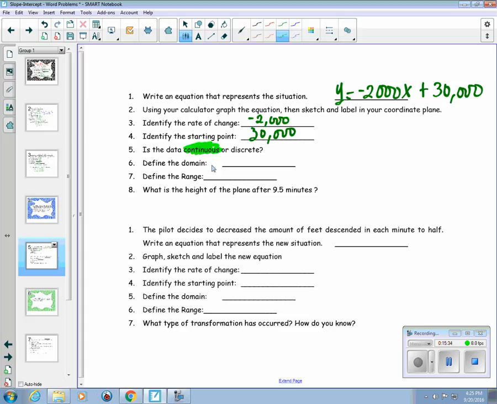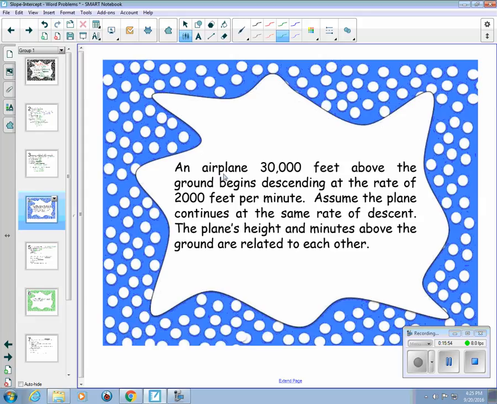All right. What about the domain? What's the x? What's the domain? Let's figure out what x is. We first need to figure out what the domain is. Let's go back to an airplane 3,000 feet above the ground begins descending at a rate of 2,000 feet per minute.